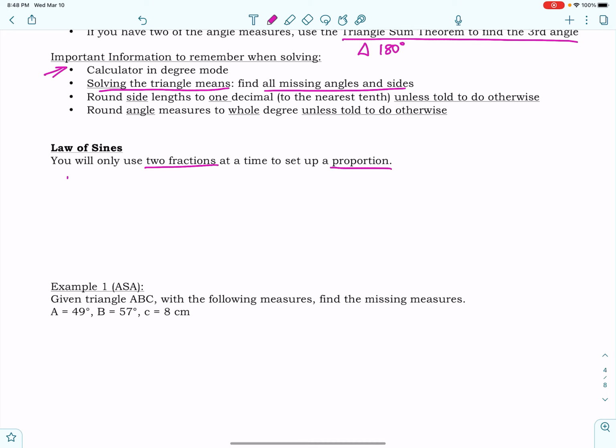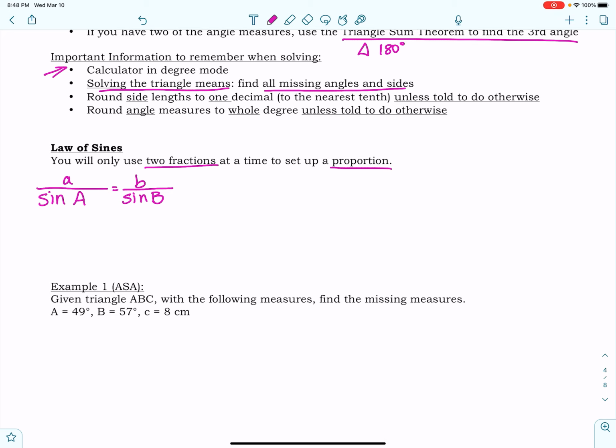The law of sines tells me that side a is to sine of angle A as side b is to the sine of angle B. So that's one way you can set up your equation, but notice that there's a side left out, side c.